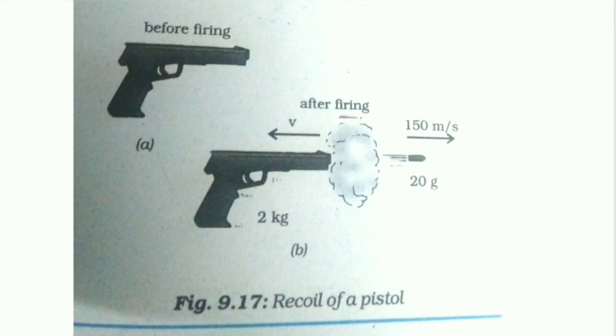But after firing, the bullet moves in the forward direction from left to right with a velocity of plus 150 meters per second. It is positive here as the direction is forward. At the same time, we can also observe that the pistol recoils in the backward direction. This shows that the velocity v must be a negative value.